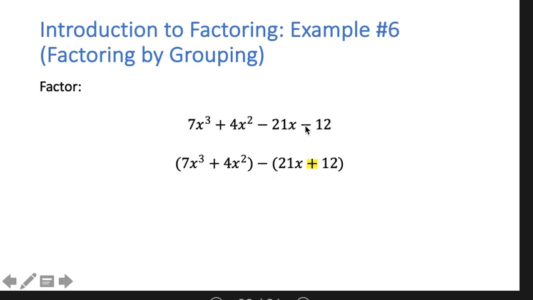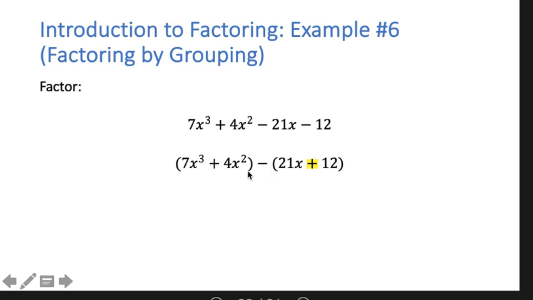Remember, it was minus, now it's positive. That's because there's a negative in front of this parenthesis. Think about the distributive property. If we're going backwards, negative 21x and a negative times a positive will give you a negative 12. That's why we changed this sign. We're dividing by this negative.